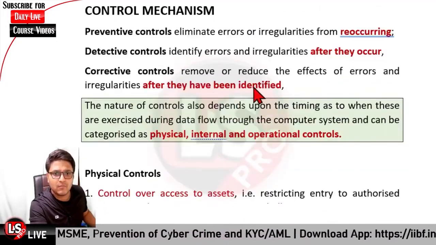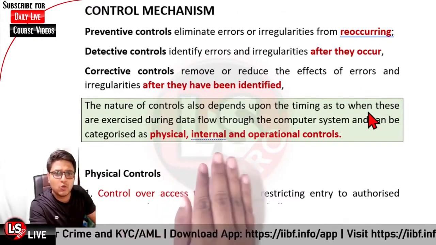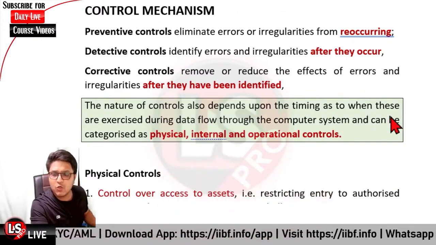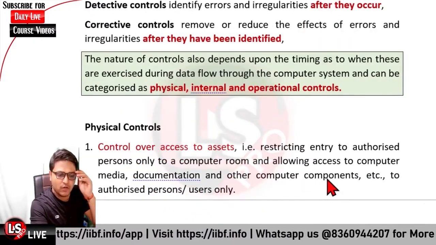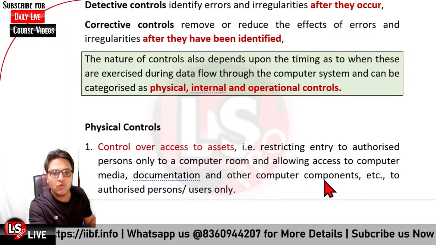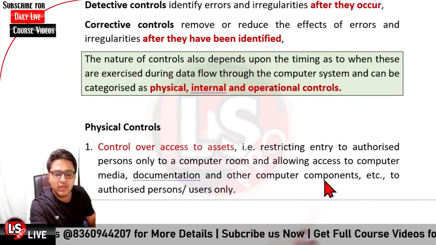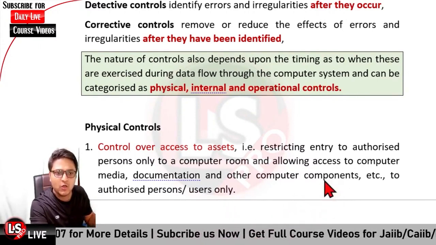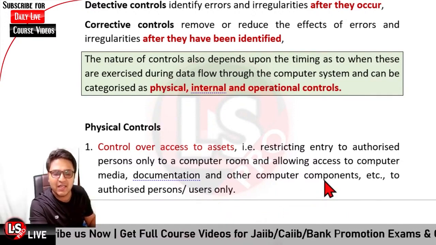Okay, so the natures of controls that are present are physical controls, internal controls and operational controls. First of all, we will be learning regarding the physical controls. So control over the access to assets. Only authorized persons should be allowed to access the assets.